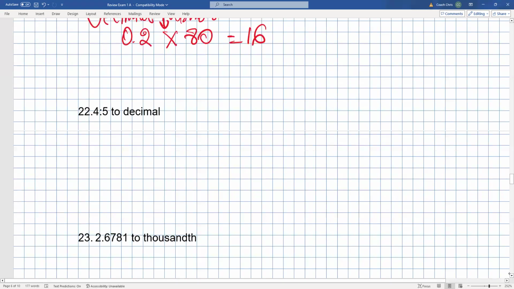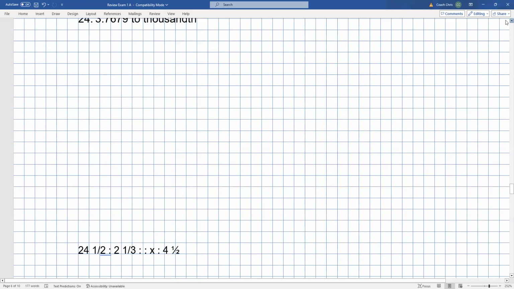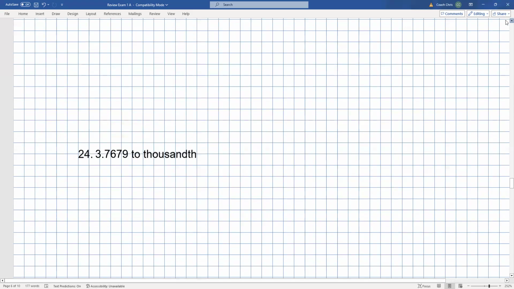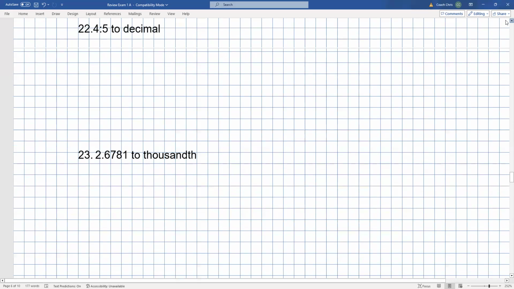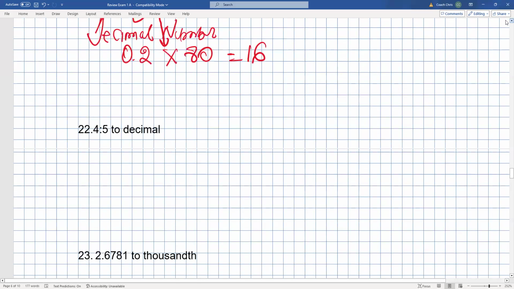All right. Looks like we skipped some questions. All right, so we are back here. You got a ratio right here, 4:5, to a decimal.